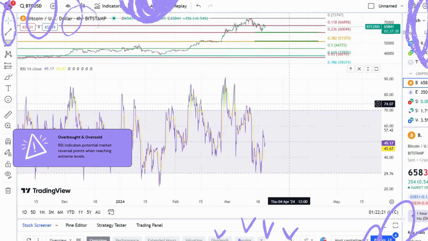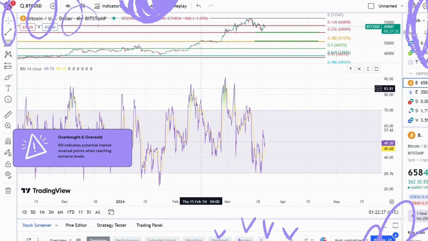So as a trader, if your trading signal provides a sell signal and the RSI is still in overbought conditions, you may not want to enter because it is still a continuation zone where the price may still continue up if that signal is provided in this area, in these conditions.